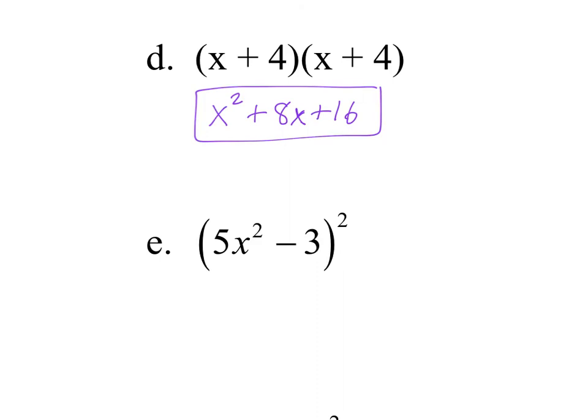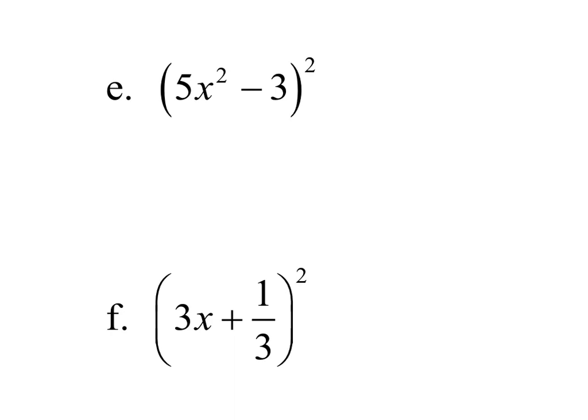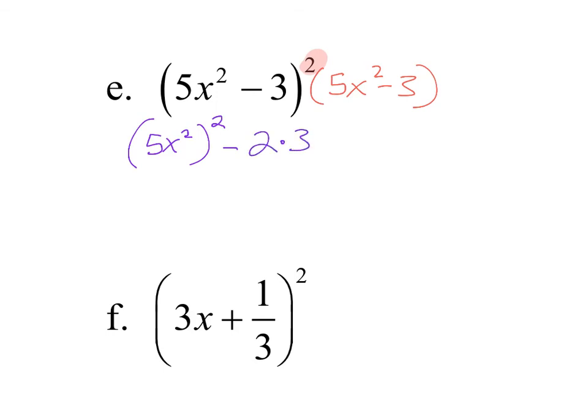Whoops. Now, remember when I have this squared here, it's the same thing as multiplying it twice. All right, a is 5x squared. If I square that, minus 2 times a and b plus, okay, that's just everything all plugged in.